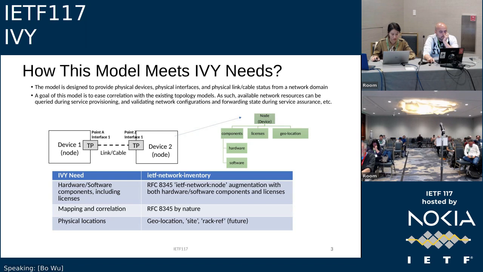Also, having the mapping and correlation of multiple network layers, these models can be used to curate available network resources during service provisioning and also verify network configuration and forwarding status during service assurance. Next slide, please.